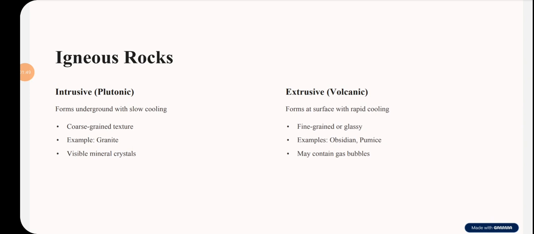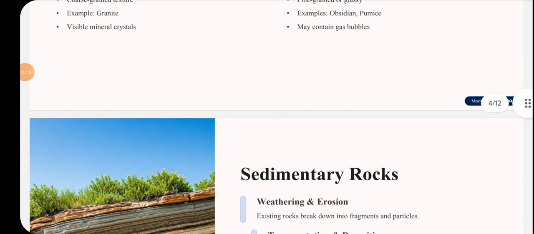So they have a coarse-grained texture, for example granite, with visible mineral crystals. Extrusive volcanic rock forms with rapid cooling, fine grained or glassy. Examples are obsidian and pumice, and may contain gas bubbles.